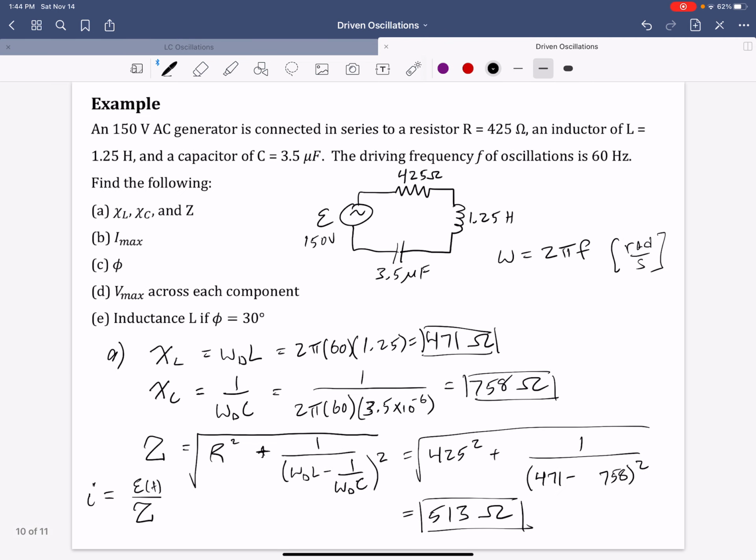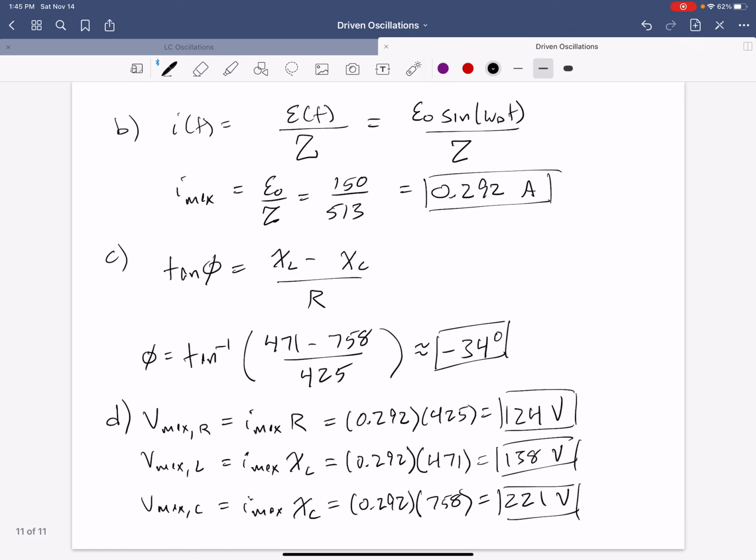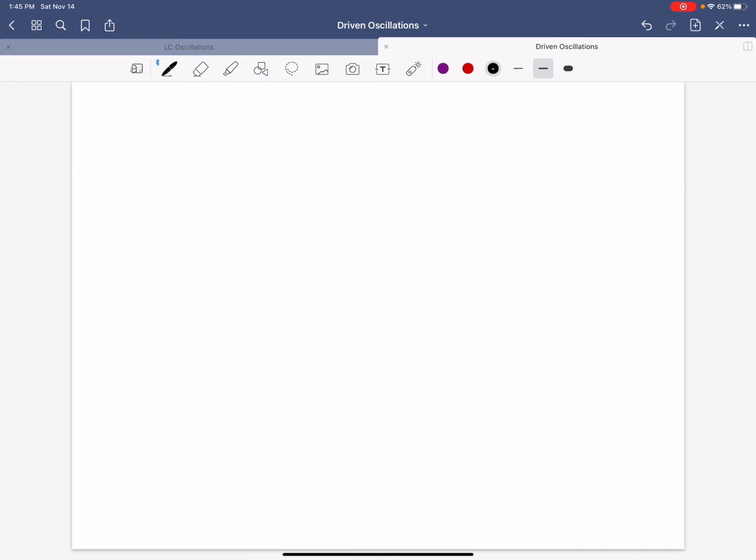Part E, the inductance L at that phase angle. So let's say the phase were to somehow change. Let's go one more slide for part E. Using that relationship, we have chi L minus chi C over R, and we want to find L. Well, L is embedded in chi sub L, so we have to extract it.